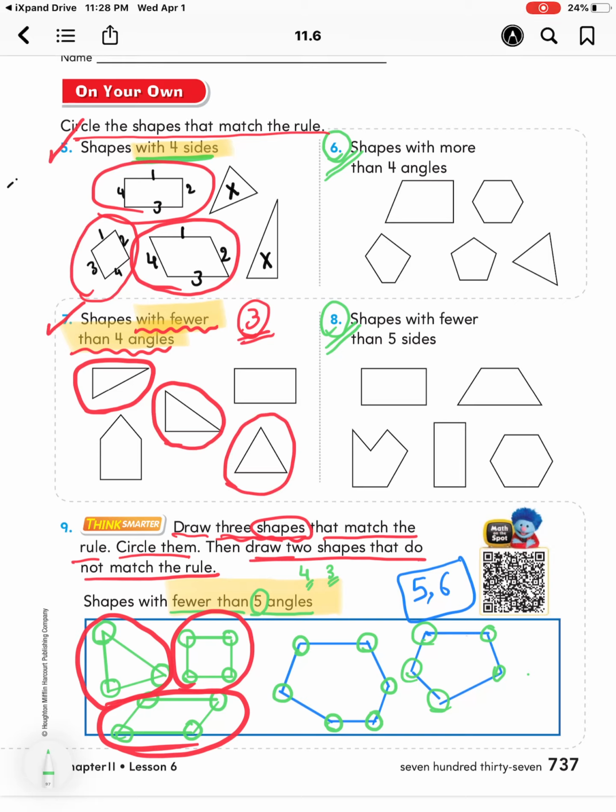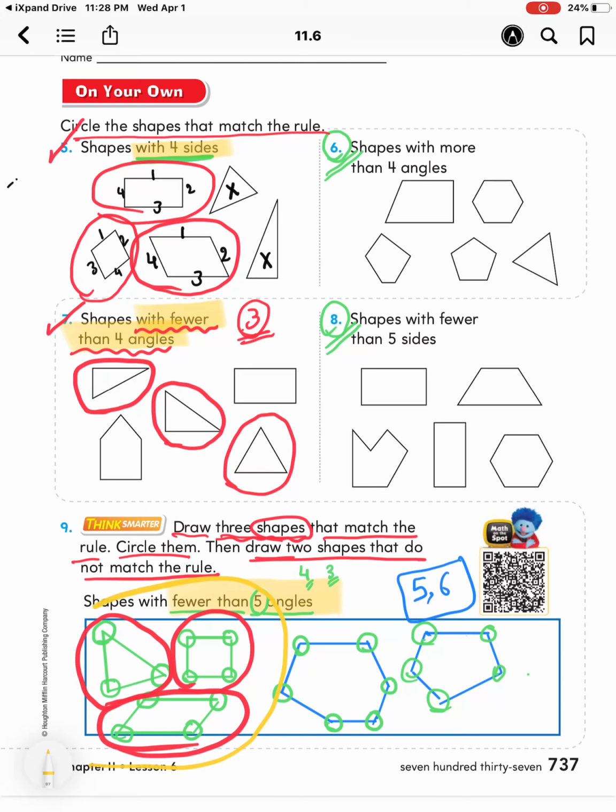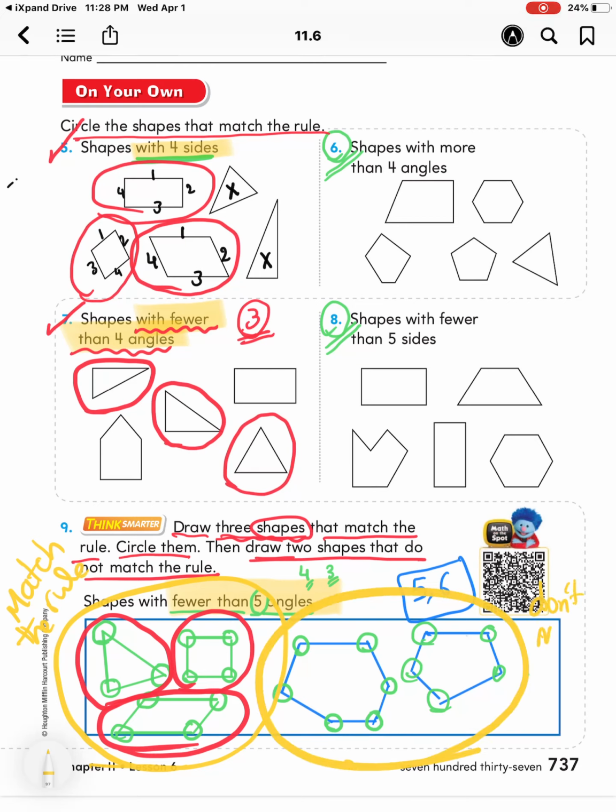Why will they not match the rule? Because they are shapes with 5 angles or more, and we need shapes with fewer than 5 angles. So this group here which we circled matches the rule, and those don't match the rule.